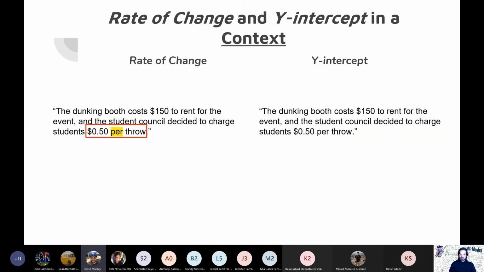The dunking booth costs $150 to rent for the event, and the student council decided to charge students 50 cents per throw. The y-intercept, or the start value, is represented with the costs $150 to rent.